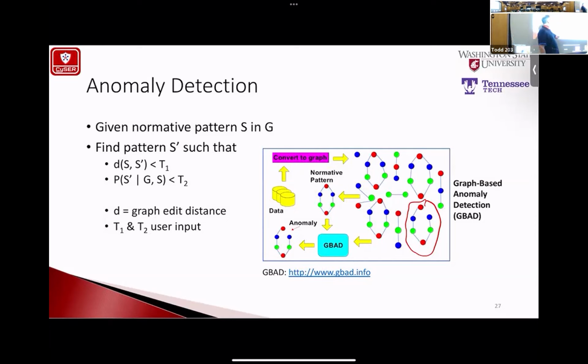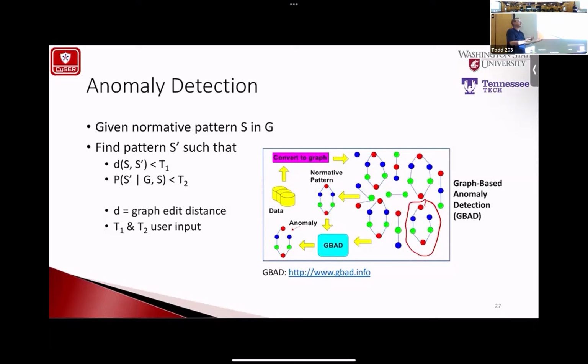The second question is, how often does this happen? Okay, we found that it's missing the edge, but maybe that happens a lot. So we compute the probability of this deviant pattern given the rest of the graph and the normative pattern. Basically, it passes the graph edit distance, but if we saw a bunch of these in the graph, then we would say this isn't an anomaly anymore.